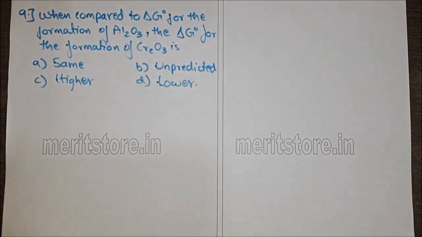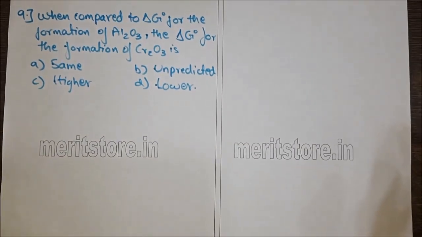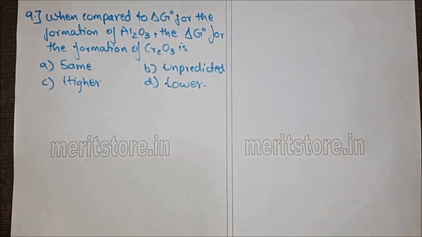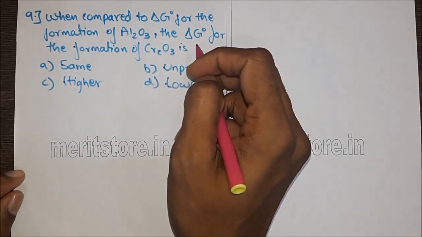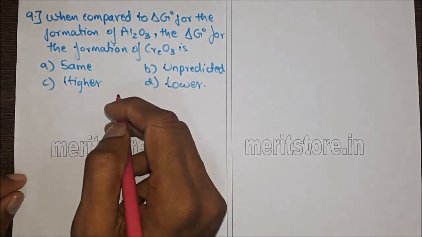Question 9. When compared to Gibbs energy, that is delta G, for the formation of Al2O3, the delta G for the formation of Cr2O3 is, given 4 options over here.